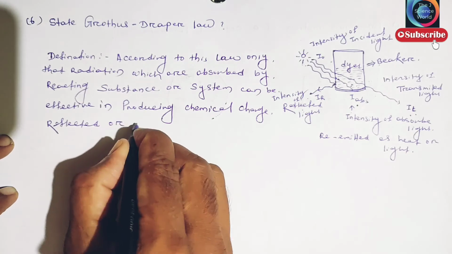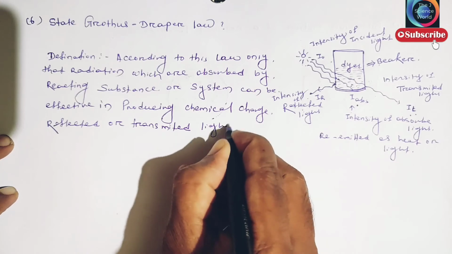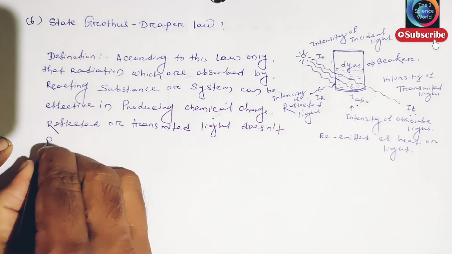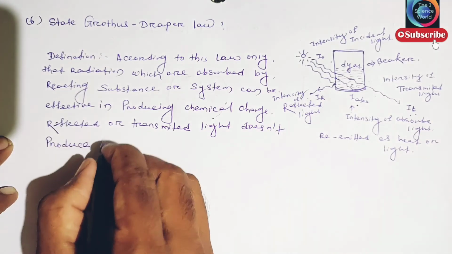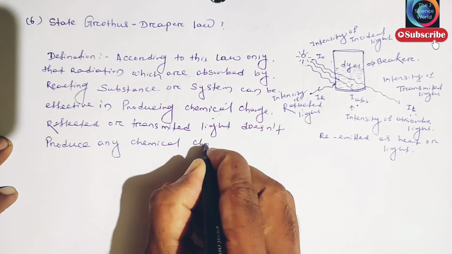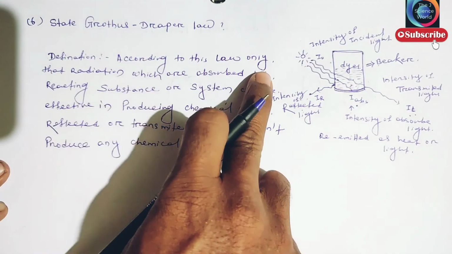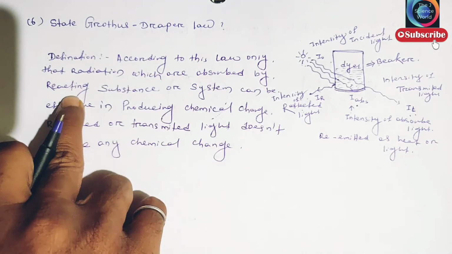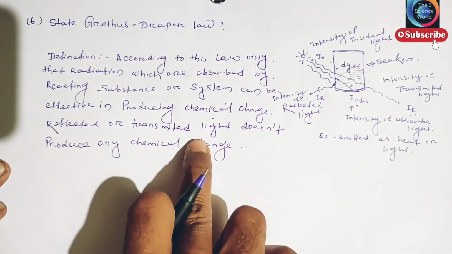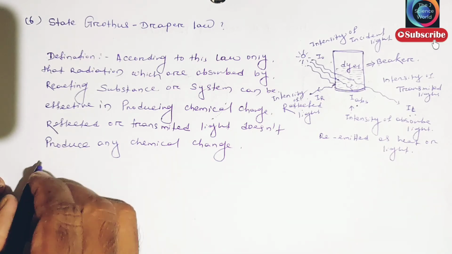Reflected or transmitted light does not produce any chemical change. If we discuss its mathematical formula, it's a very easy formula.